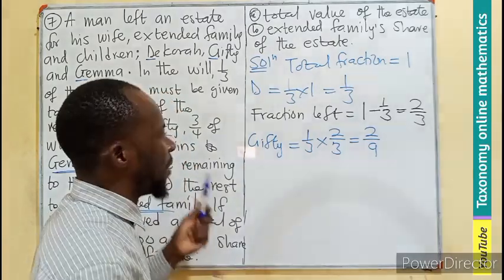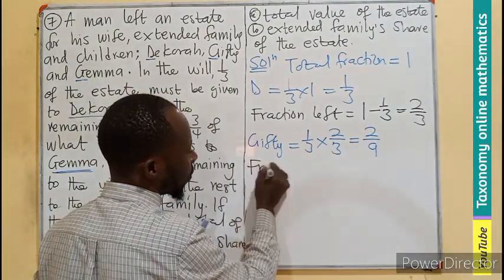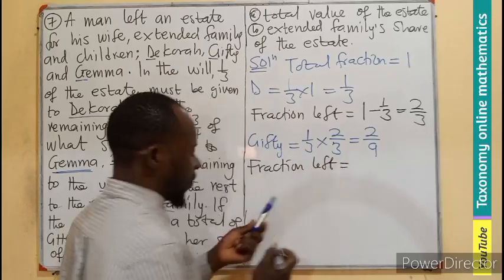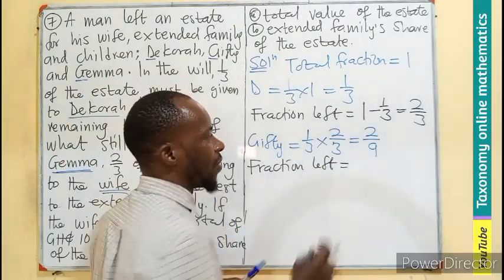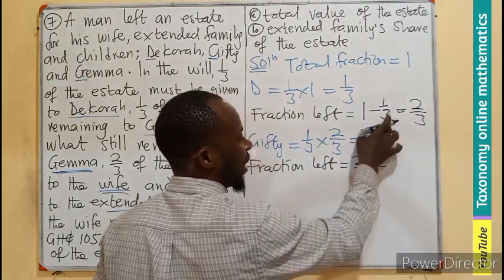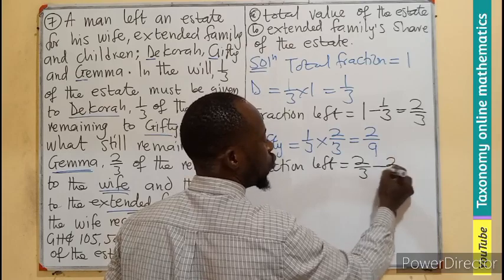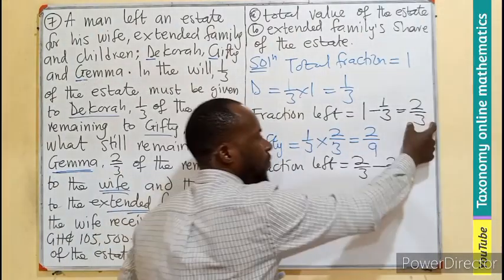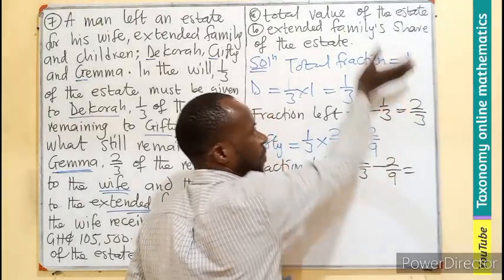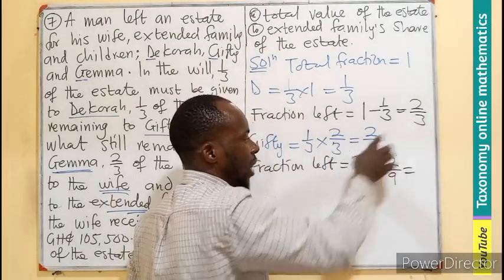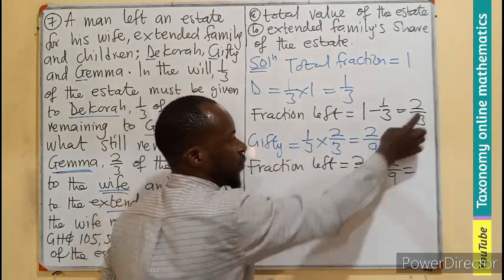So what will be the fraction left? The fraction left that I had before is 2/3. Then this is what I'm giving to Gifty, 2/9. So this is what is left. We have exhausted the money and we are left with this after Decorah. So now Gifty is taking this from this.